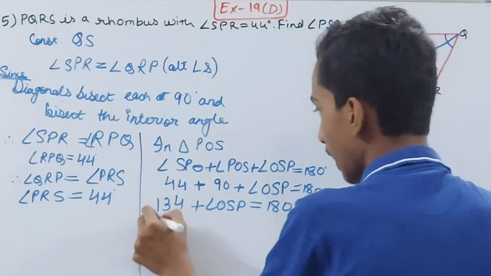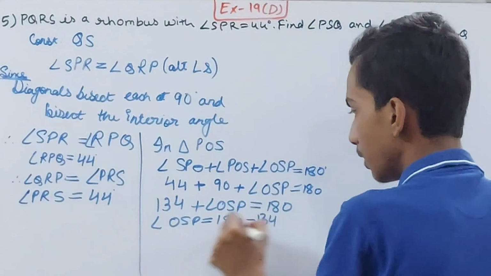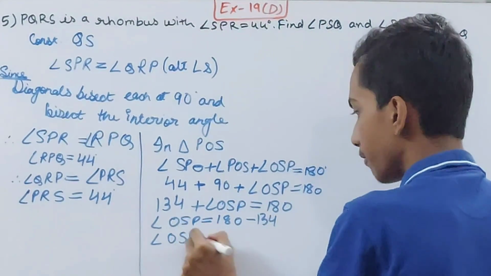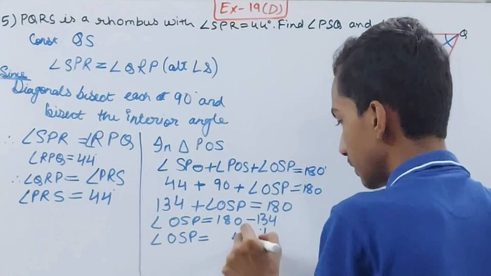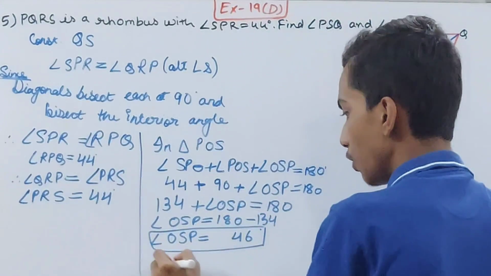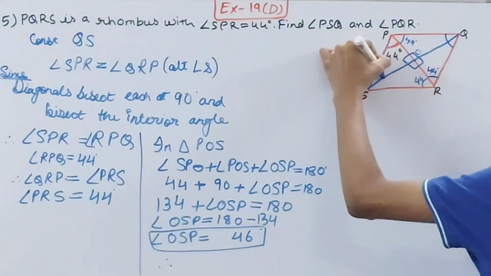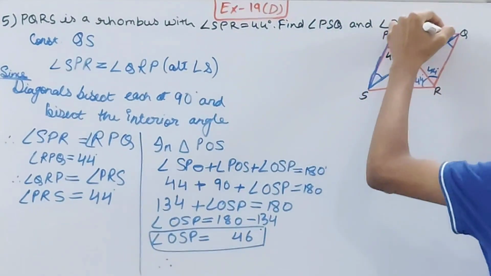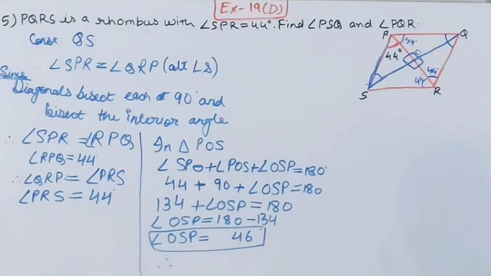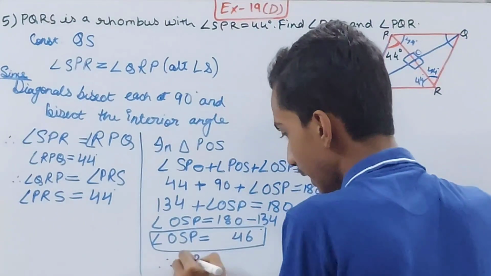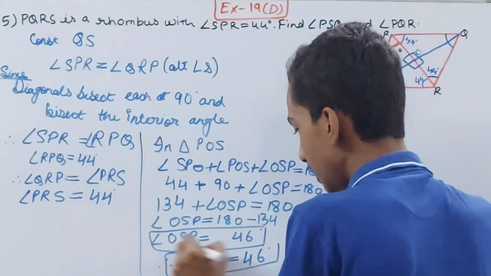Angle OSP is equal to 180 minus 134, which is 46 degrees. Therefore, OSP is this angle. If I say QSP or rather PSQ, will it be the same? Yes. And therefore, angle PSQ will also be equal to 46 degrees.